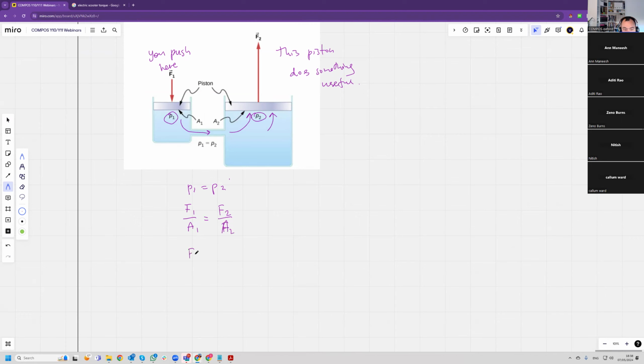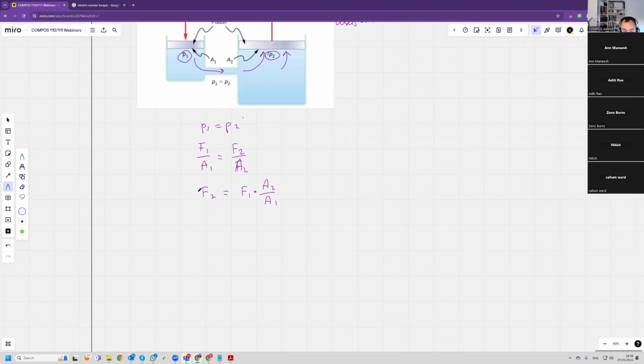Or in other words, F2 is equal to F1 multiplied by area 2 over area 1. So basically what we see here is that it is a force multiplier. F2 is A2 over A1 times bigger than F1. Does that make sense?